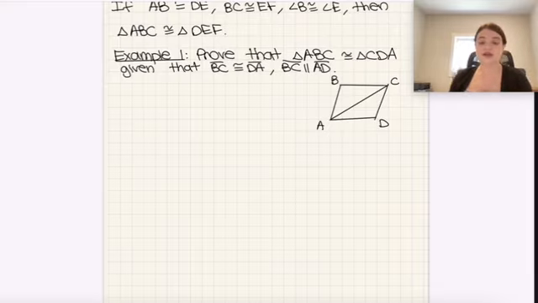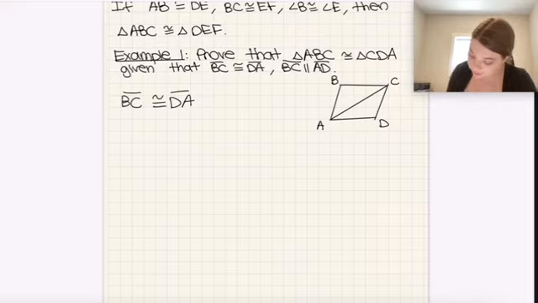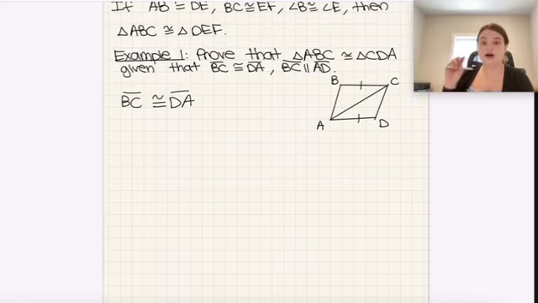So the first thing I'm going to do when writing a two-column proof is write out my givens, and I'm also going to mark them on the diagram here. So what do we have that's given? The first thing that was given is that BC is congruent to DA. And that's very useful, right? Because the three criteria we need to meet are two pairs of sides, and the angle in between them.